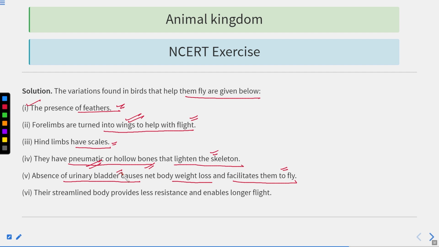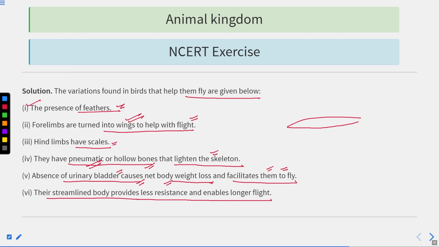They discharge urine as it is formed in the body. They do not store it in a urinary bladder, because if they had a urinary bladder, their body would again become heavy. So in the absence of a urinary bladder, their net body weight is lost, and that helps them to fly. Their streamlined body provides less resistance and enables longer flight. You must have seen fishes.